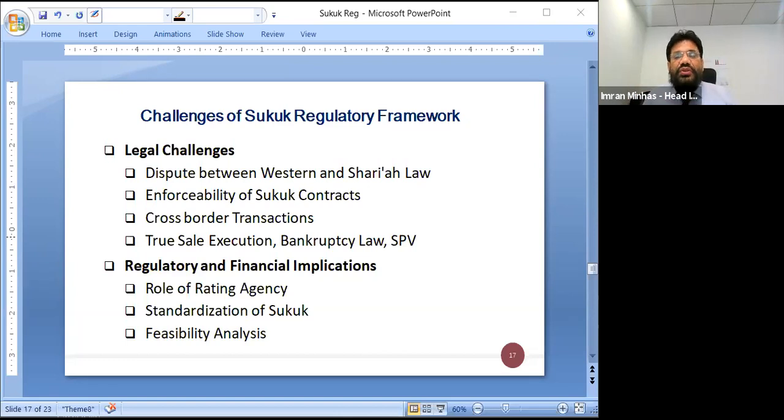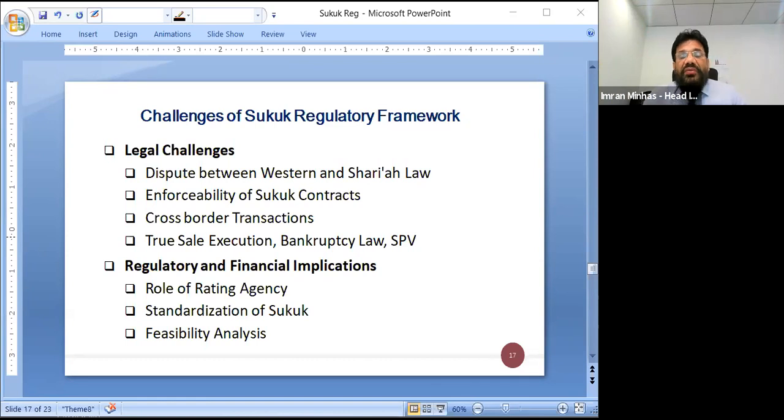The problem in using Sharia finance under a common law jurisdiction is the conflict that emerges between the Sharia law and the common law. The national law or the common law, what we practice, always prevails over the Sharia law. When we go to the courts, courts always uphold the national law. They don't bother about the Sharia law.